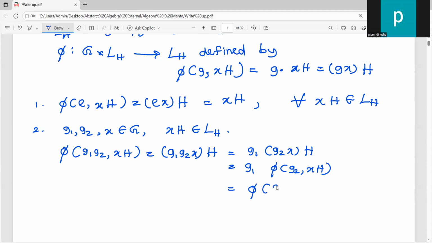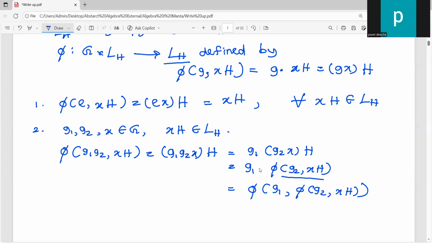This is equal to, if you go back to the definition, phi of G1 comma phi of G2 comma xH. Right. Why do we have this? Observe that phi of G2 comma xH is an element in the set L sub H, because this function phi is from G cross L sub H to L sub H. So what you get over here is a left coset of H in G, right?